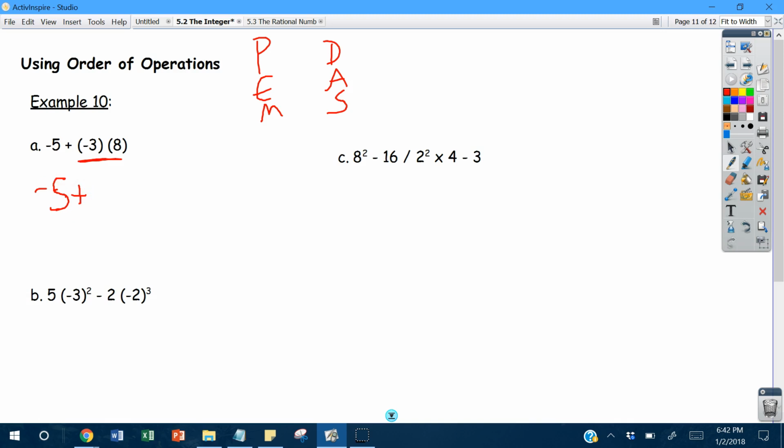And then I'll do negative 3 times 8, which will give me negative 24. So now I want to add those two numbers together. So negative 5 plus negative 24, they're two numbers of the same sign, so I'll add the numbers and put the negative sign in front of it. That's 24 plus 5 with a negative sign, negative 29. And maybe I should put equal signs here for good measure, just so you know what I'm doing. So that's how we would apply order of operations to that one.